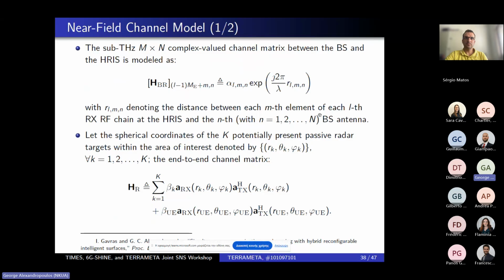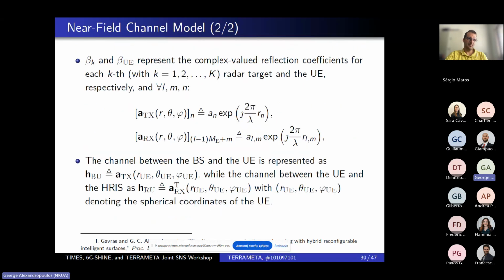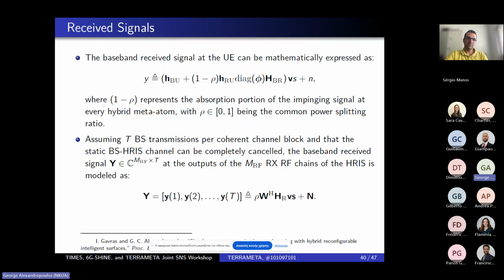We have used a near-field channel model to put down the estimation analysis and algorithm. A typical near-field channel model, which in the economy of time I'm not getting into the detail of. And there you see the received signal, and there is this critical parameter rho, which determines the amount of the signal that gets absorbed and directed to the baseband, the microcontroller of the RIS, to perform the estimation, and the other portion that gets reflected.